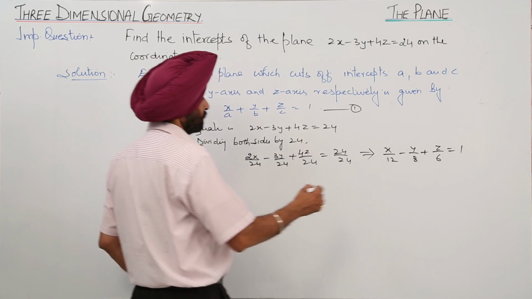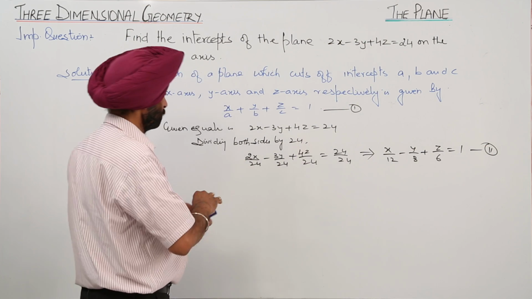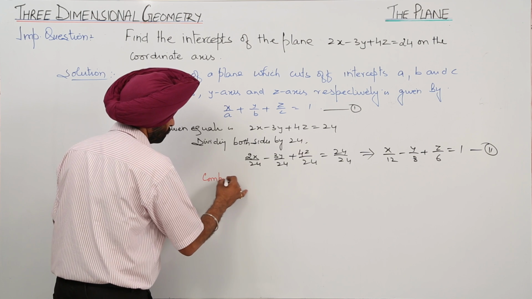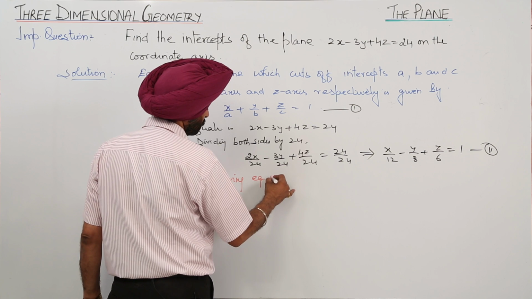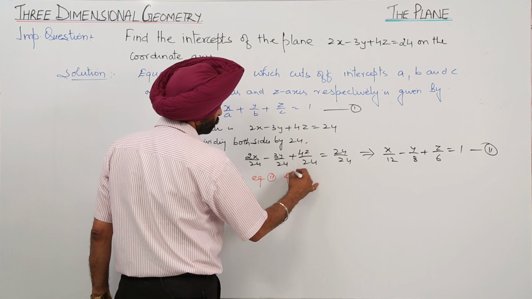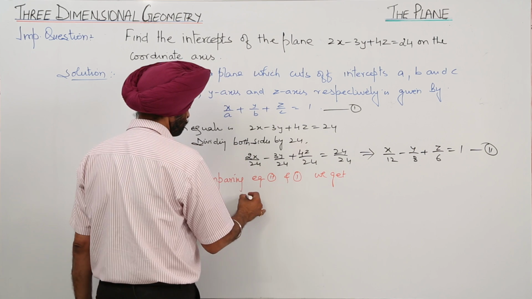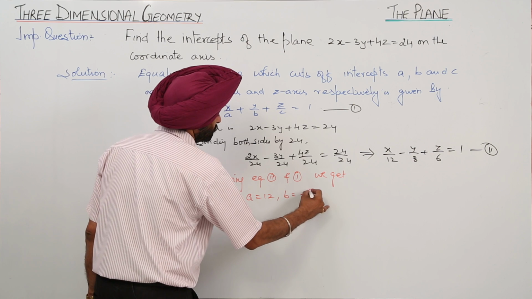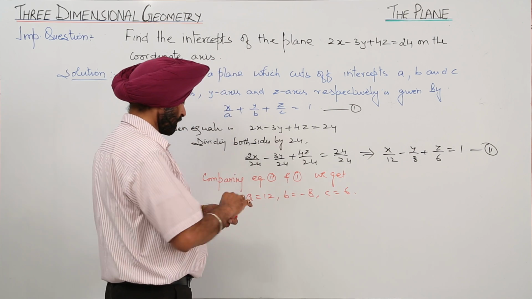Now, let this be 2. Comparing equation 2 and equation 1, we get A is equal to 12, B is equal to minus 8 and C is equal to 6.